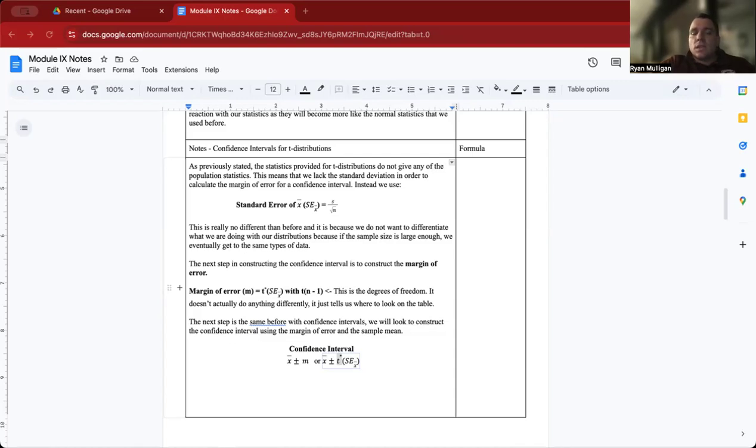Everything is going to stay exactly the same. We're going to get the same values here, but the p-value is where it differs. Now I do end up with a two-tail test, and I've got a p-value of 0.05, and I can see that the alpha level of 0.05 and the p-value are equal.